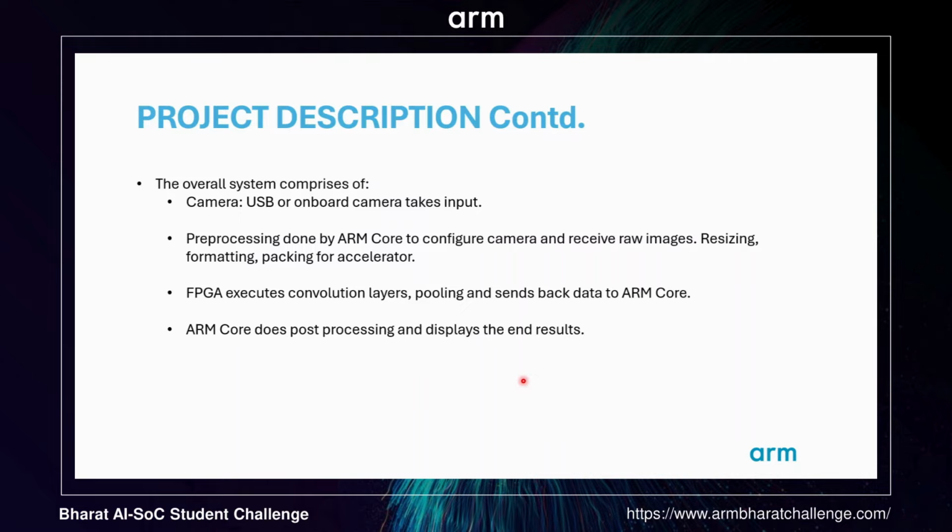Based on the accelerator requirements, the ARM core can also be used for resizing, reformatting, and packing of the camera data to make it more appropriate for the accelerator. The FPGA executes the convolution layers and pooling and sends back the data to the ARM core. The ARM core can then handle the post-processing task and display the results on a display console.